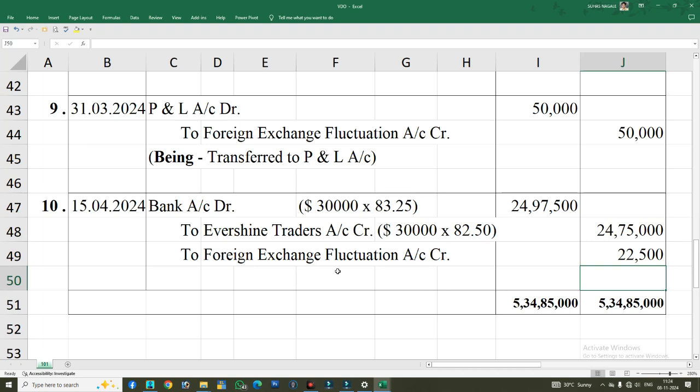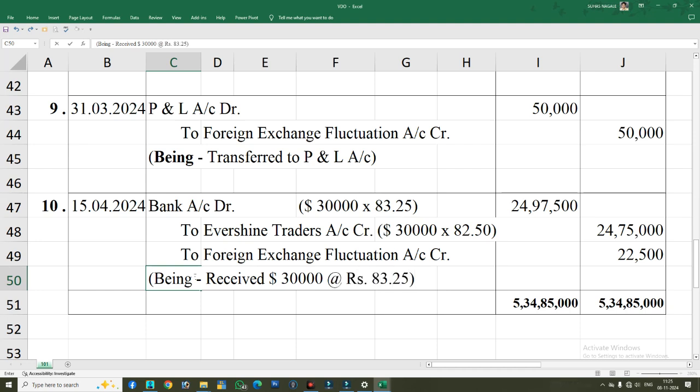This is the profit. At the end, write the narration: being received $30,000 at the rate rupees 83.25. So remember one thing, that the working note is very important.